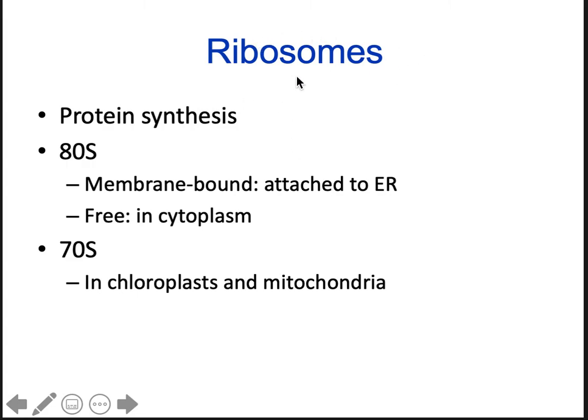We also have ribosomes, but they are a little larger. They are made up of an 80S, and a 70S is the bacterial one. So protein synthesis, 80S, membrane bound, attached to the ER. Sometimes they're free in the cytoplasm, whereas we will have the 70S, which is the same as the bacterial ribosome, in our mitochondria. But the vast majority of our ribosomes will be the 80S, which will either be membrane bound on the ER, which we then call rough endoplasmic reticulum, or they can be free floating in the cytoplasm as well.